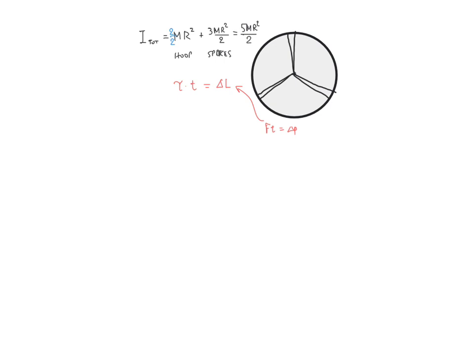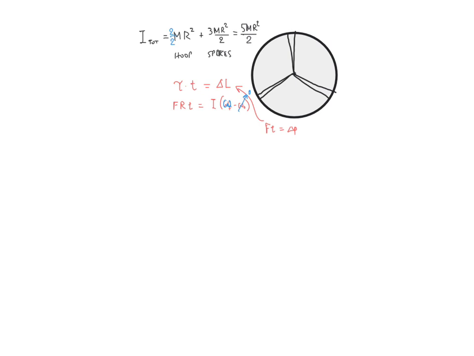So the torque is going to be the force times the radius, and we'll leave the t, the time, as it is, and that's equal to the change in angular momentum for a rotating object. That's going to be the inertia times omega final minus omega initial, where in this case the wheel started from rest, so the initial omega is 0, and the final omega we're just calling omega.